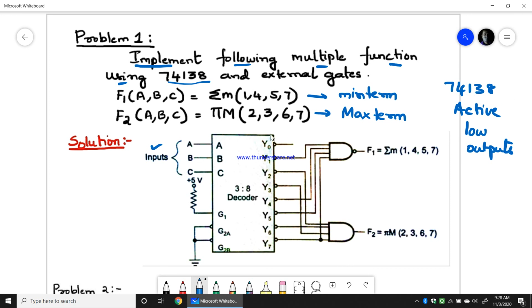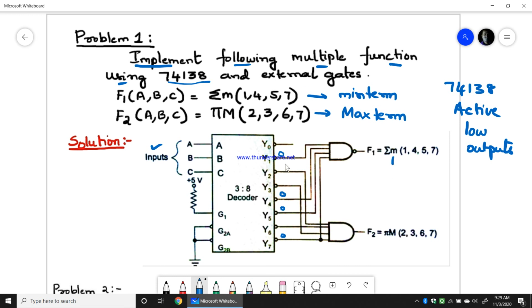Now when we have active low output lines, and the Boolean function is in minterms, we should see what extension gate I can use. For minterms 1, 4, 5, 7, the ABC inputs give zeros on those lines. So 1 will be given as 0, 4 as 0, 5 as 0, 7 as 0, because it is active low. But for me these zeros should be 1, because a minterm always takes 1 for these values.